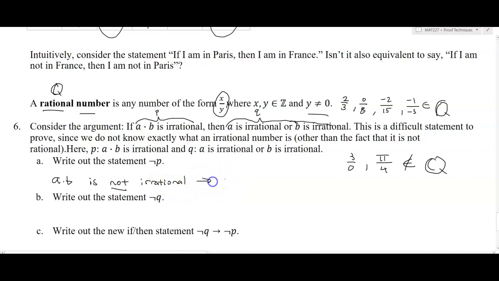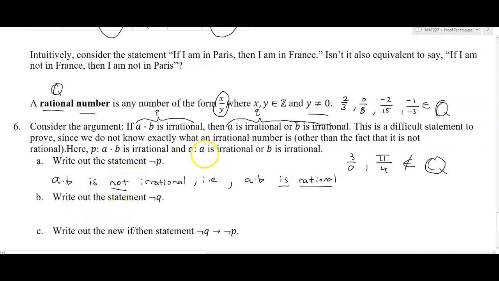I.e., A times B is rational, to put more emphasis on that. So that's the first thing we're going to need to do, because we're going to try to prove this by contrapositive, but to write it as contrapositive, we first need the negation of both of those statements.